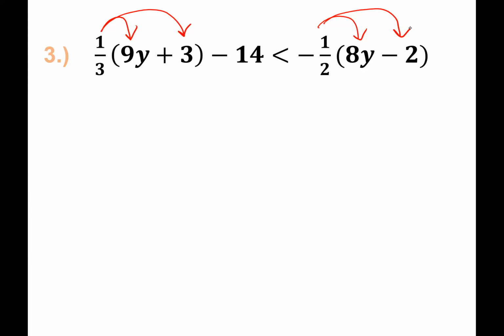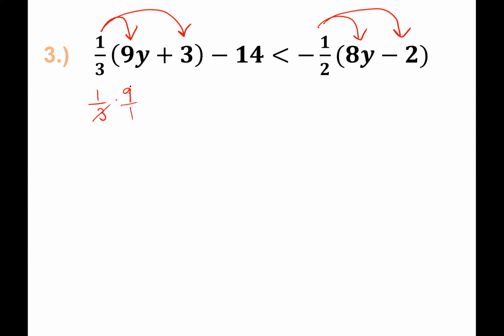It's 1/3, parentheses, 9y plus 3, close parentheses, minus 14 is less than negative 1/2, parentheses, 8y minus 2, close parentheses. So I've started to draw some arrows showing that I'm going to distribute. So 1/3 times 9y. Okay, 1/3 times 9 is really the same thing as 1/3 times 9 over 1.